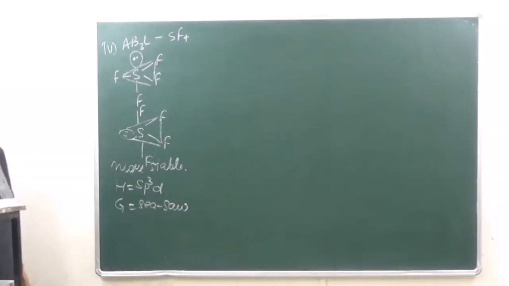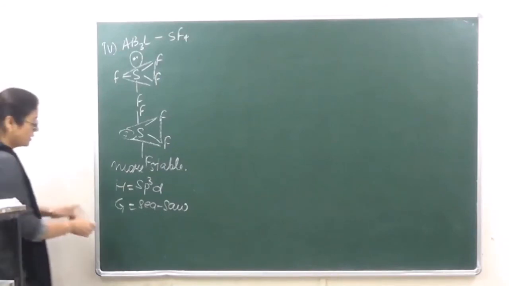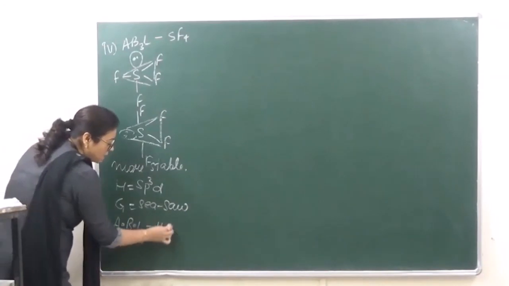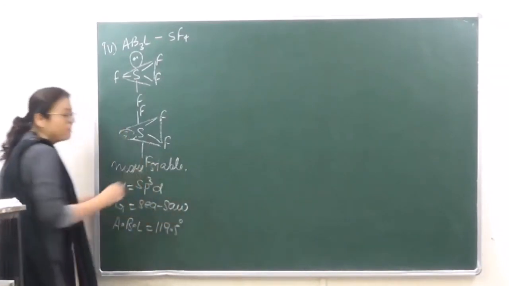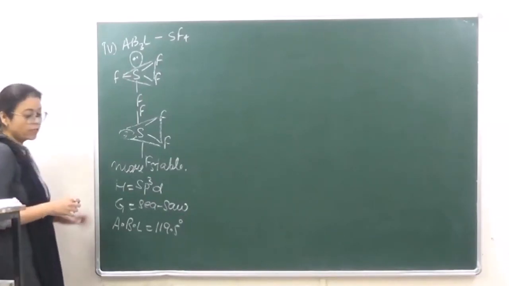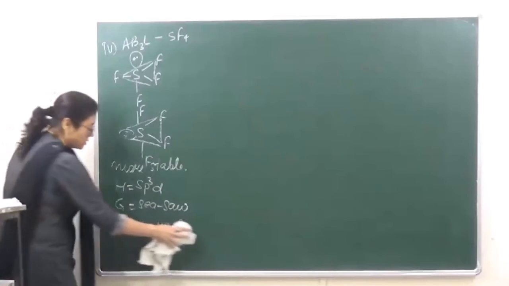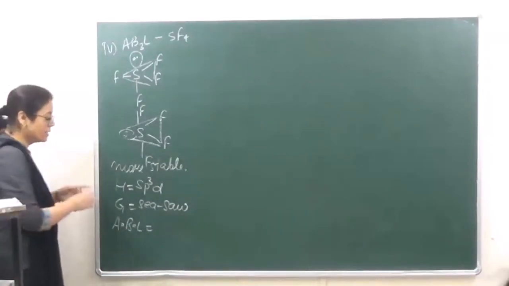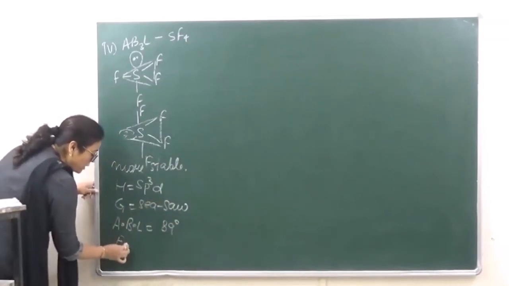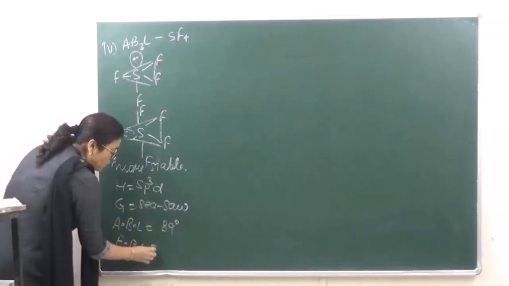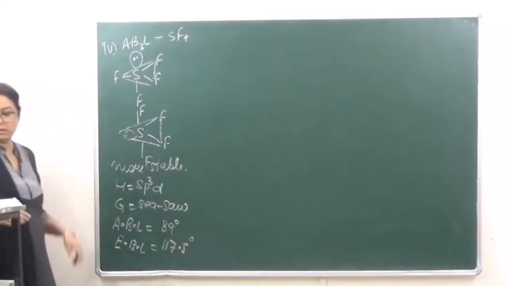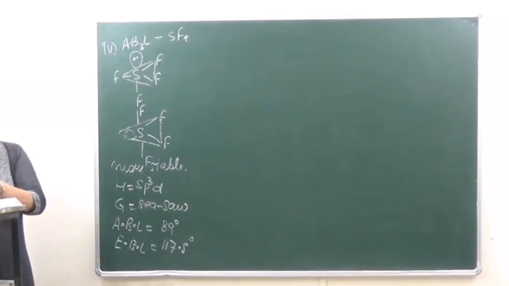The axial bond angle is 89 degrees and the equatorial bond angle is 117.5 degrees. Okay, this is SF4.